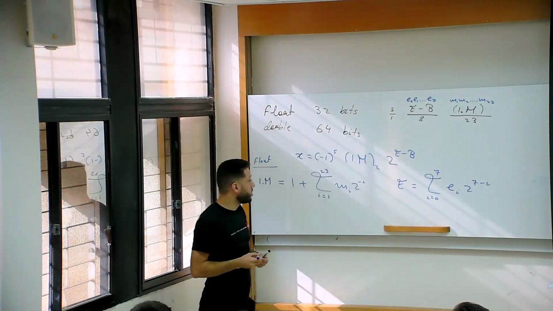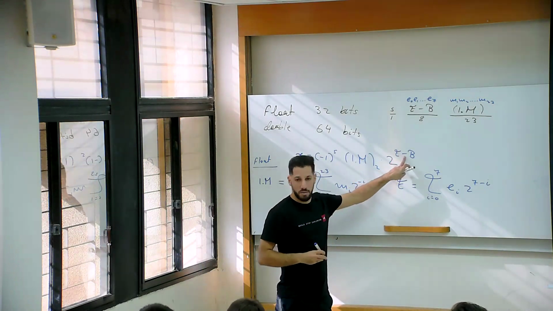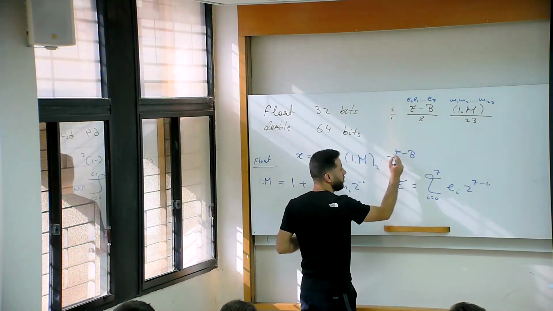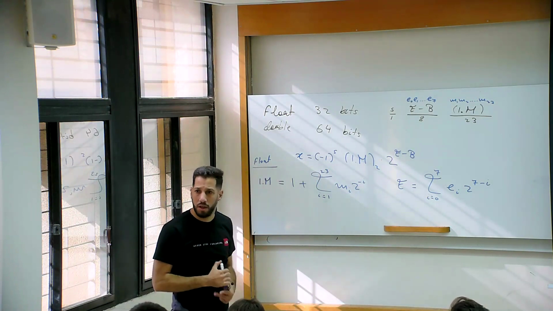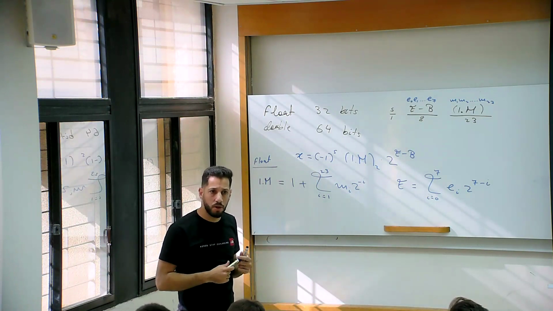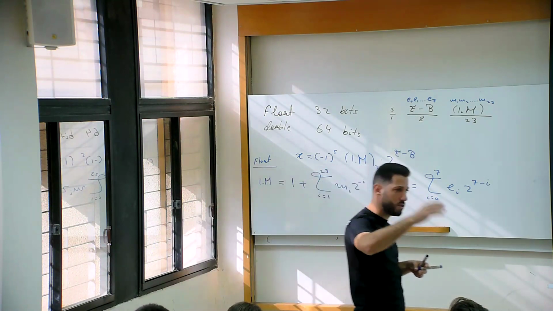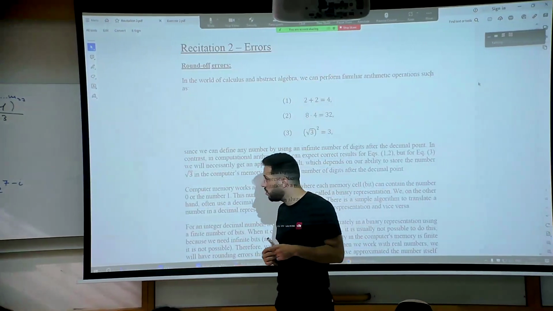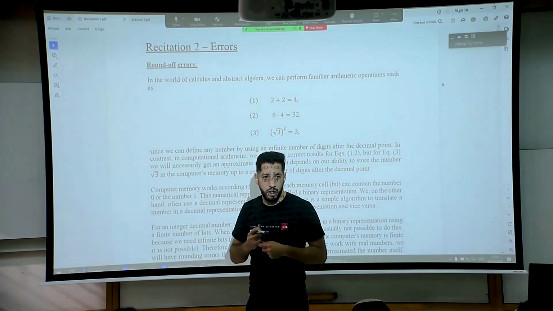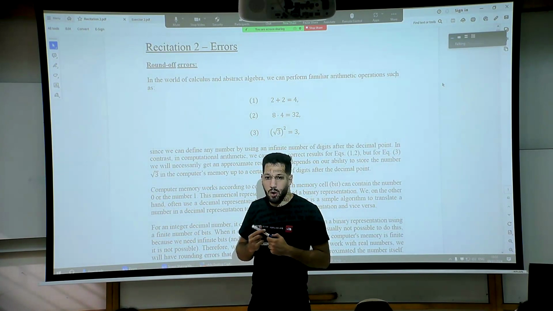If I don't have minus B, what are the numbers that I can store in this thing? What is the lowest number and what is the largest number? Which range? What's the smallest number that I can store?